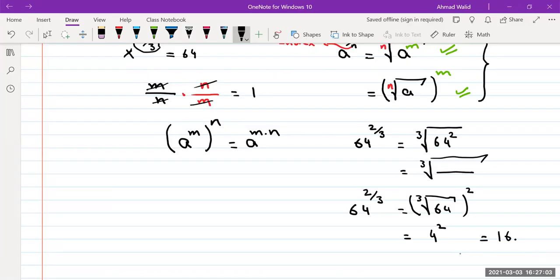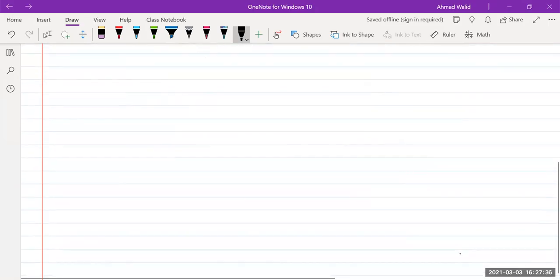That's it. If you remember these three rules, and they're really easy rules, you can solve a lot of equations with rational exponents. I'm not telling you all of them because some of them you need in the future, you will see in chapter 6 or 7 that you will use logarithms to solve them. But here, the easy ones, if you remember these three rules, you can solve any equation with rational exponents.